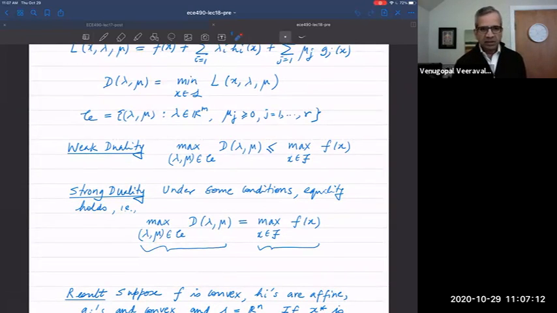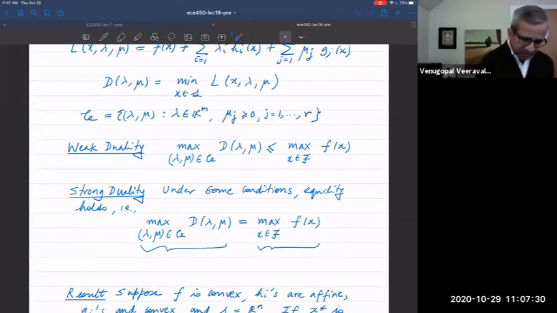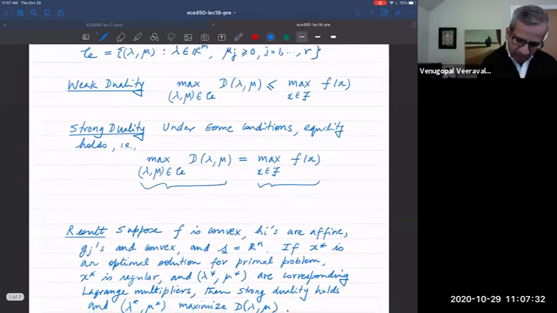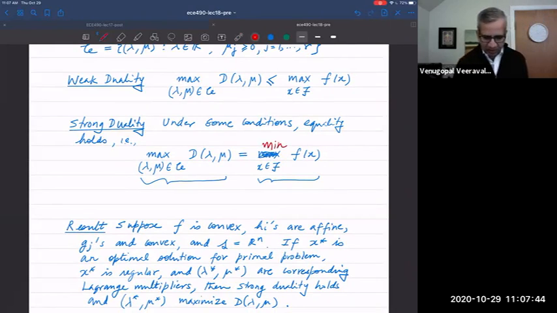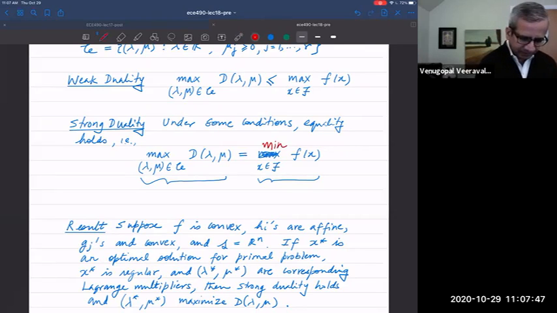So this is called the primal problem, the original optimization problem of f over the feasible set. Sorry, this should be minimizing. This is a typo here. So this is the primal problem.